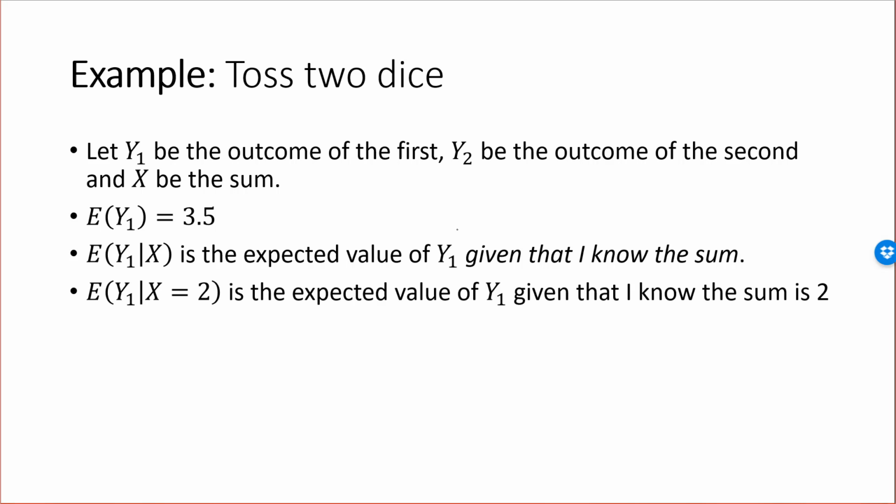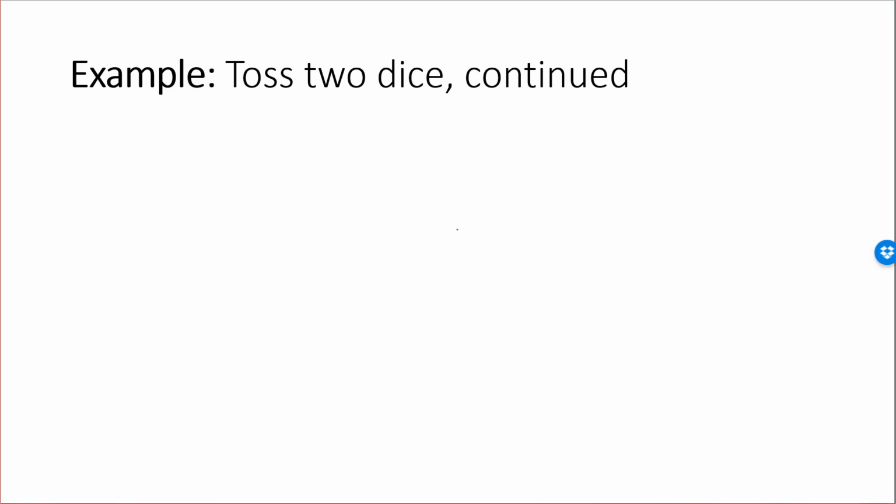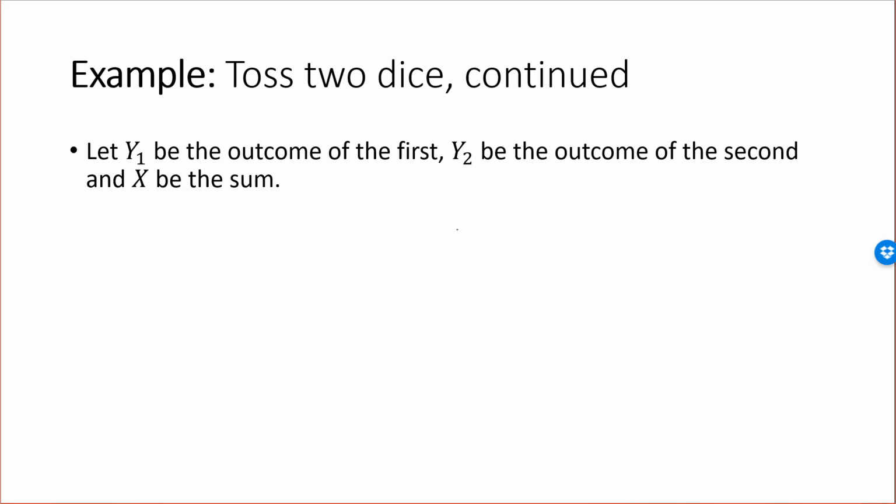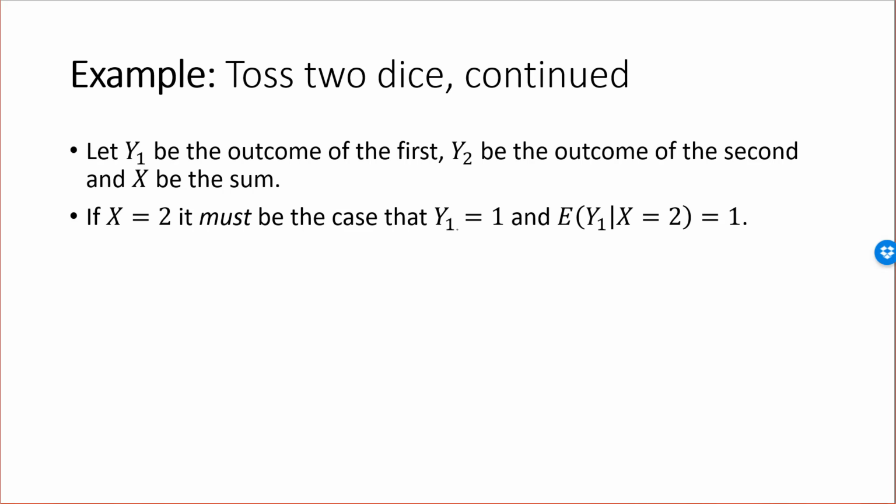So in this case, the expected value of y1 conditionally on x equal to 2 is the expected value of y1 given that I know that the sum is 2. If x is 2, it must be the case that y1 is 1, as y2 must be 1 as well. So then the expected value of y1 is 1. y1 is 1 with certainty, so 1 times 1 is 1.